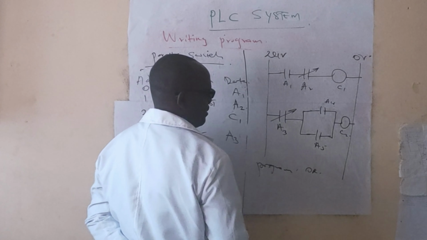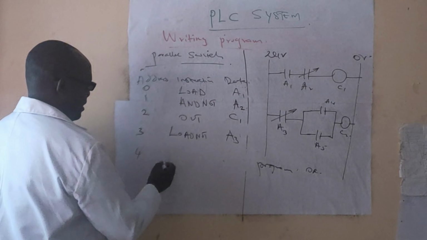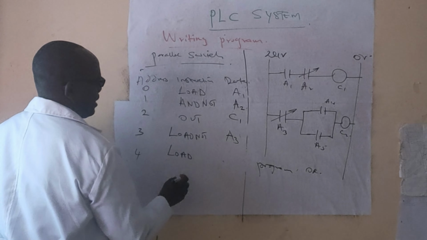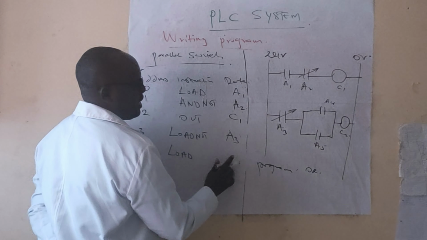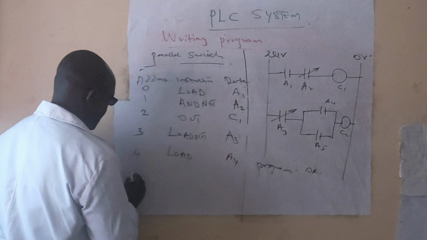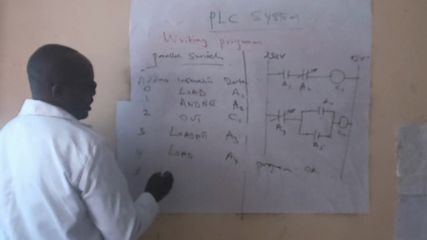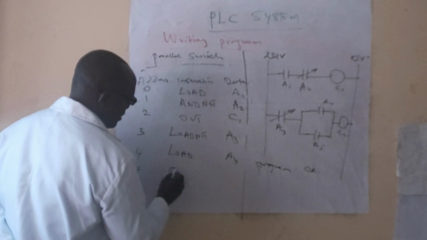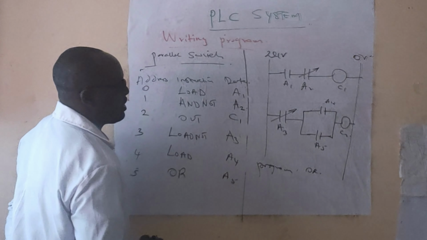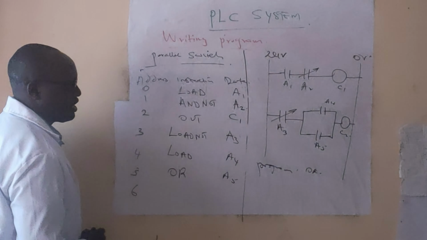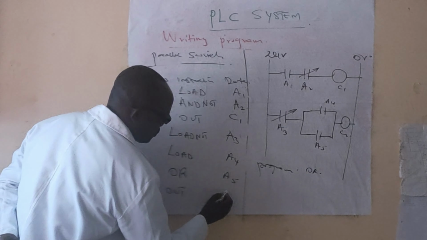So we load A4, and then number 5 we say OR A5, and then number 6 we do the output C2, and number 7 we end.